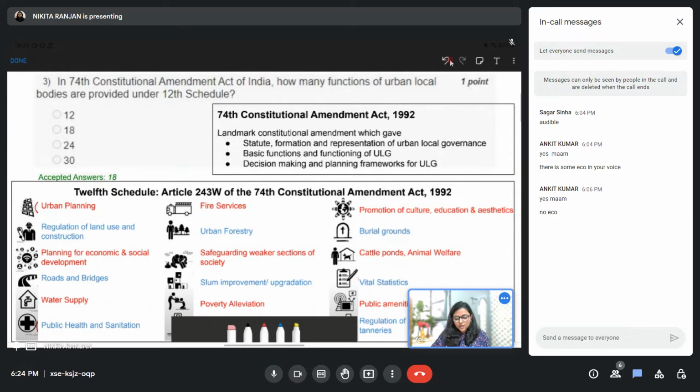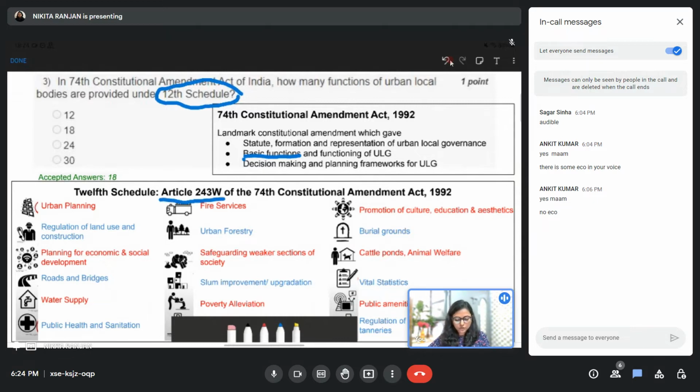So the 12th schedule, as we see here, of the 74th CAA, which is the Constitutional Amendment Act, also outlines basic functions. These basic functions have been provided in the 12th schedule, which is Article 243W of the 74th Constitutional Amendment Act.